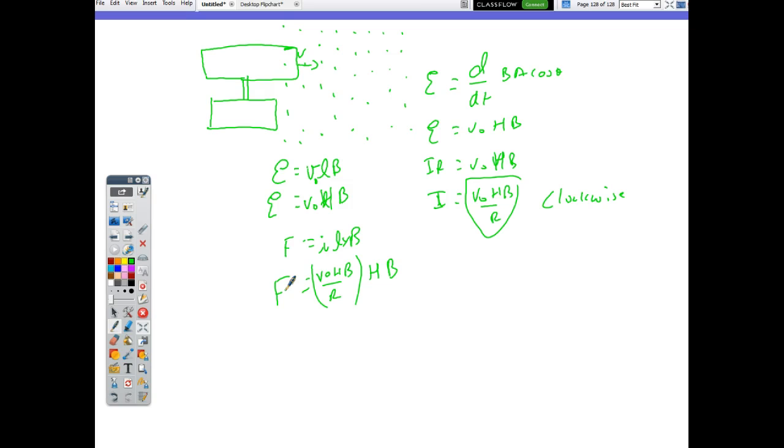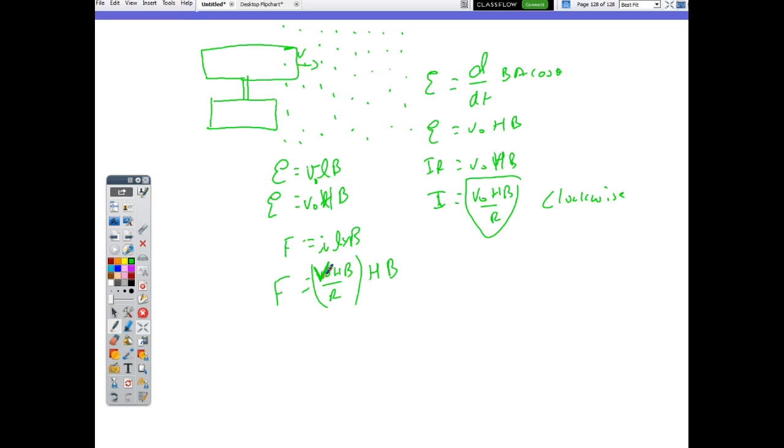Agree with that so far? Now, here is the problem. I made a V naught there, but really what's happening isn't that V naught, it's changing, right? So that's a problem. Okay? So far with me?